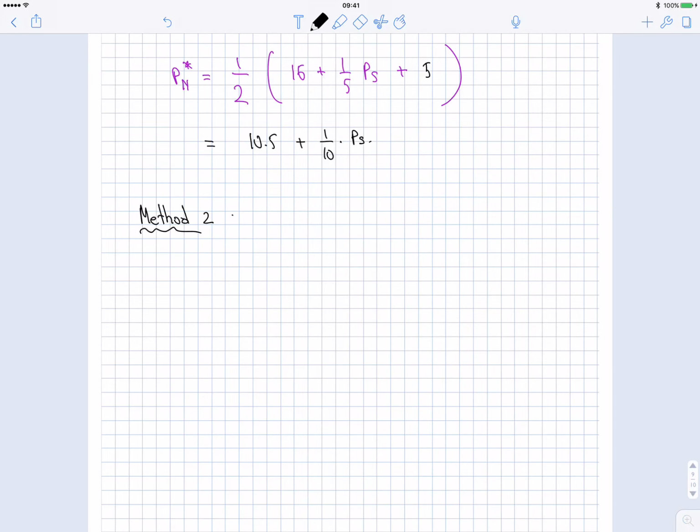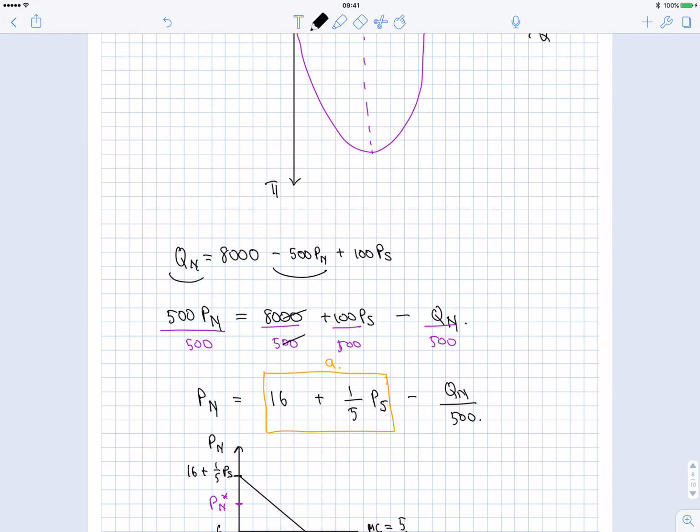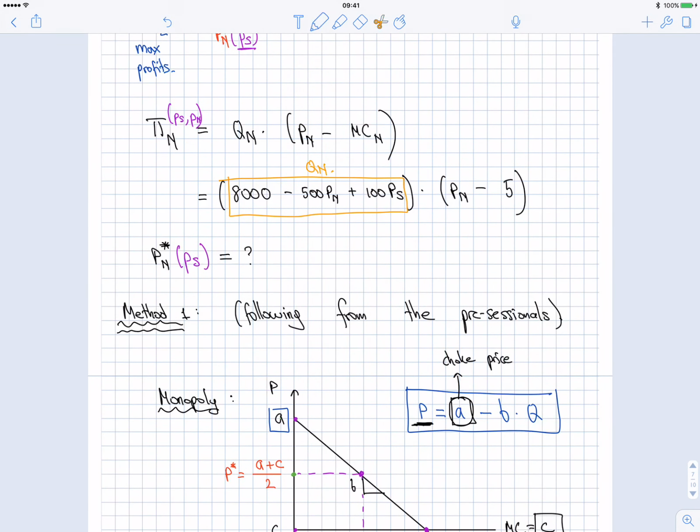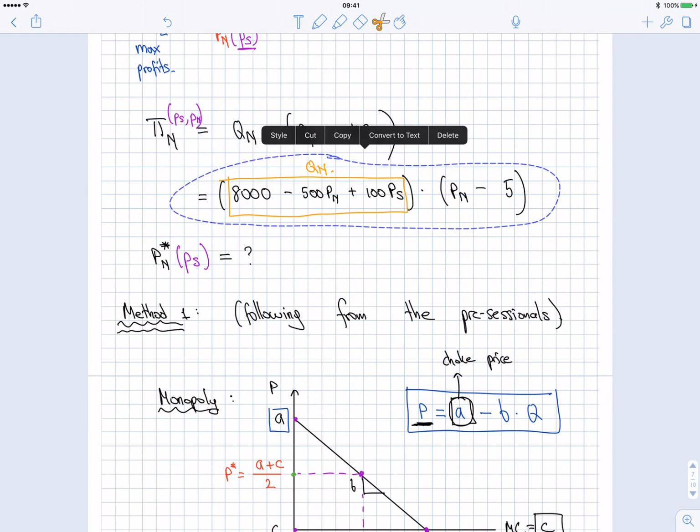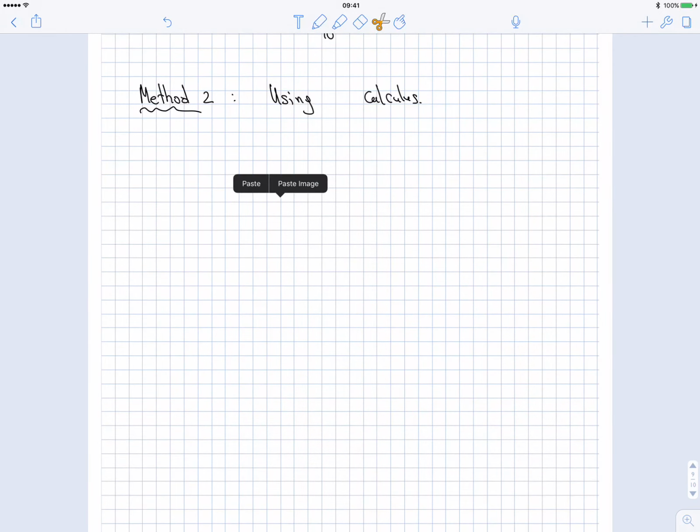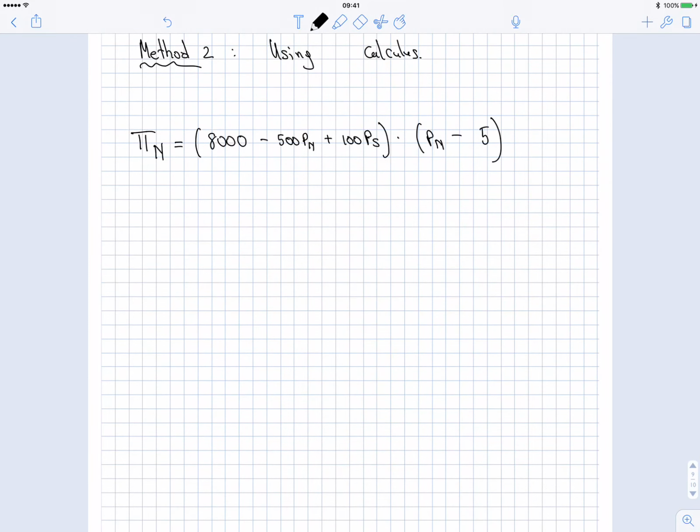Method 2, using calculus. So in method 2, you could, in principle and in practice, take this profit function and say, this is my profit of n. If I want to maximize the profit of n, it must be that the derivative of profit with respect to price must equal 0.